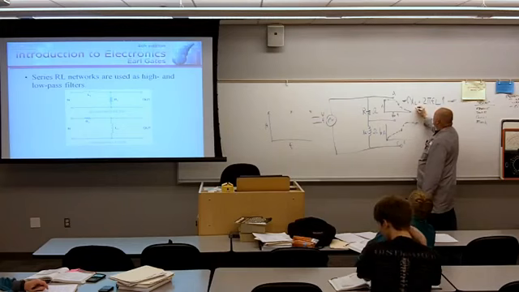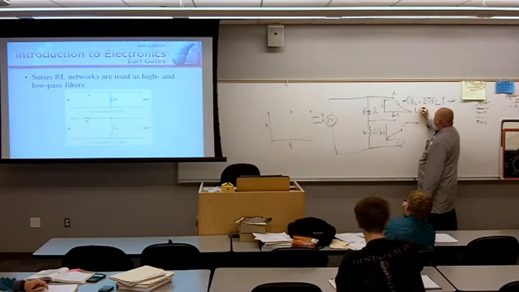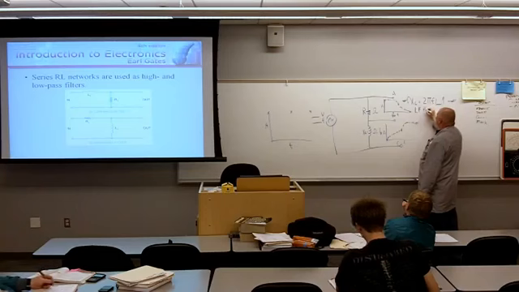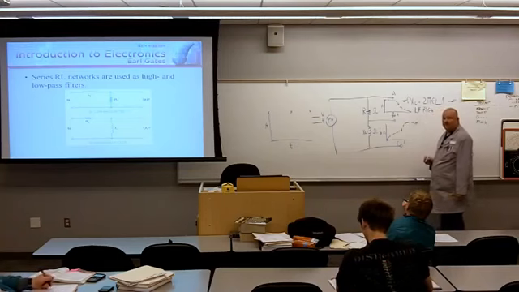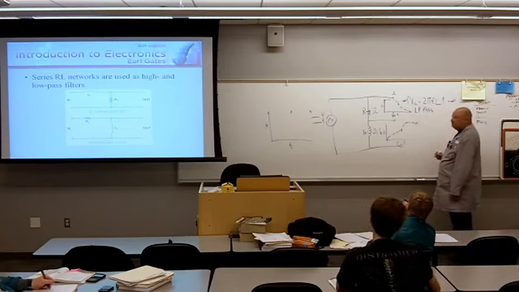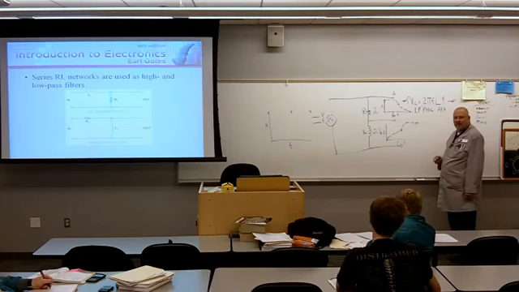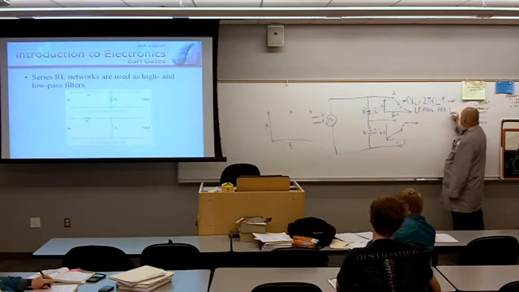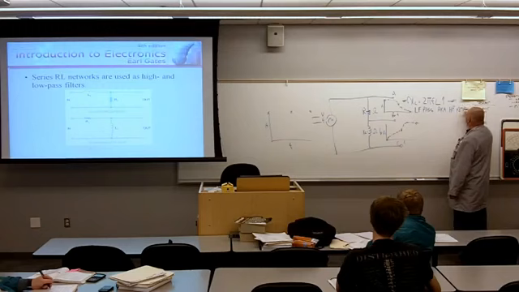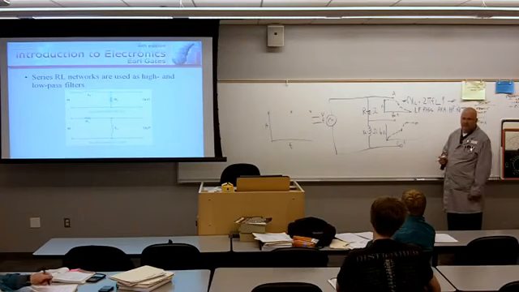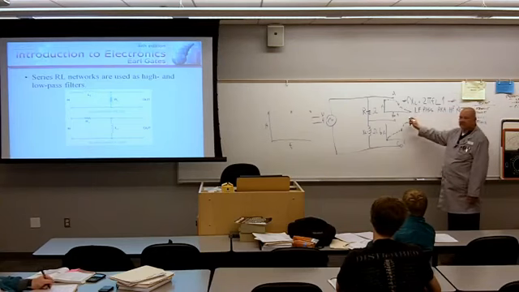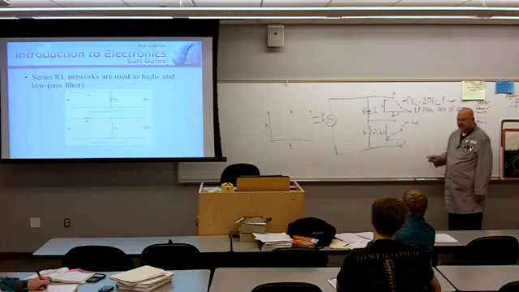I could call this a low frequency pass filter, also known as a high frequency reject filter. Same thing. What kind of a filter is this? High frequency reject filter. That's answer A.